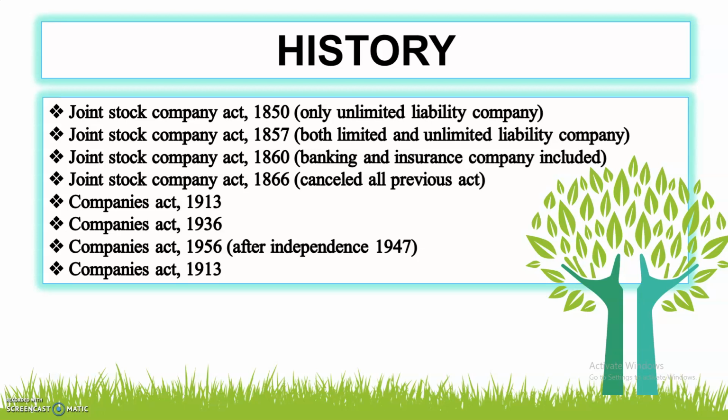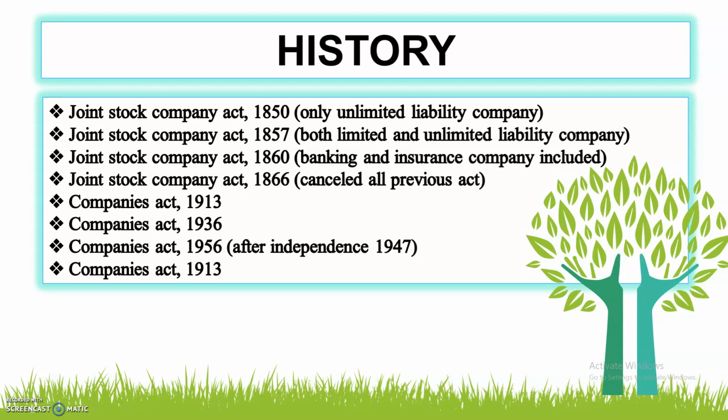Then it was amended in 1857, where both limited and unlimited liability companies were included. Then again, a third time, this Joint Stock Companies Act got amended in 1860. At that time, the banking and insurance companies were included. Then the fourth amendment took place in 1866.